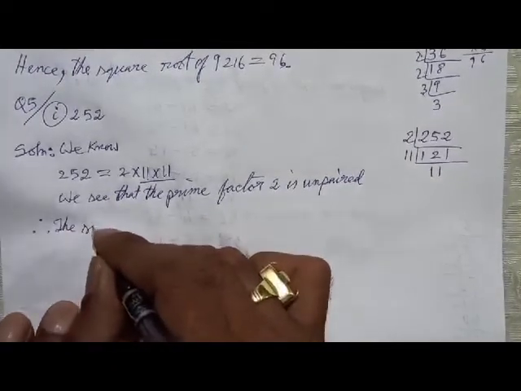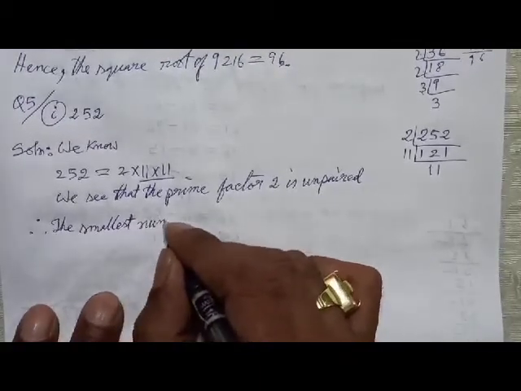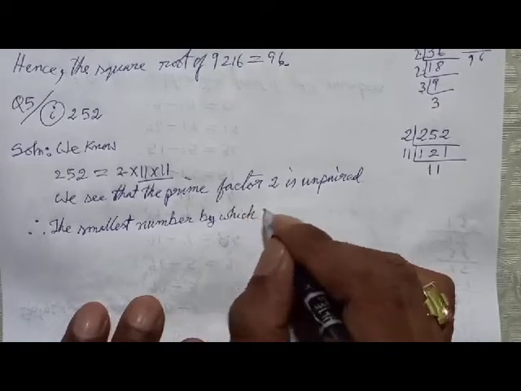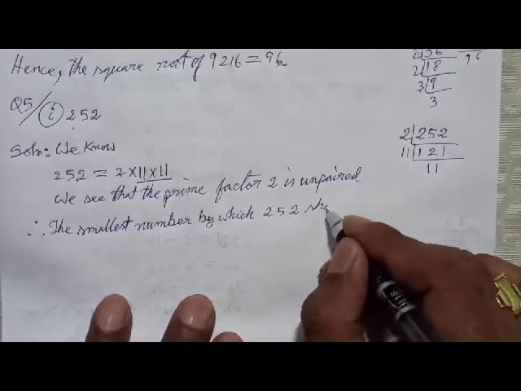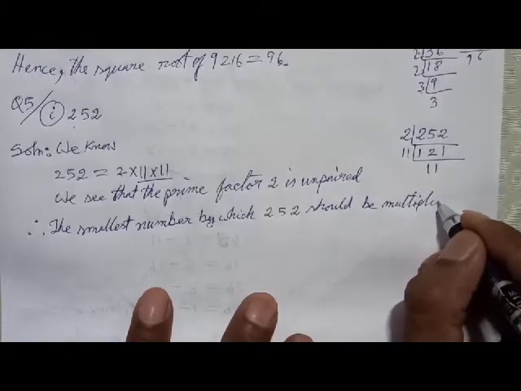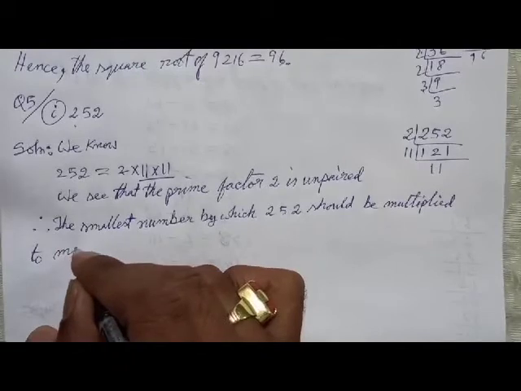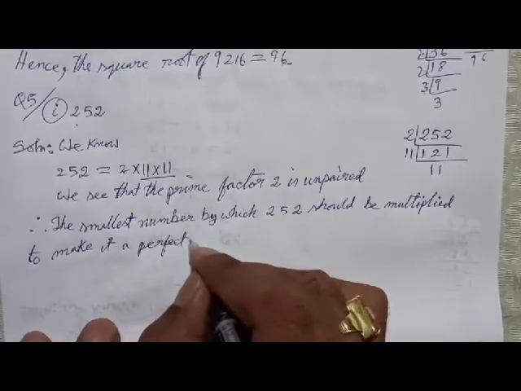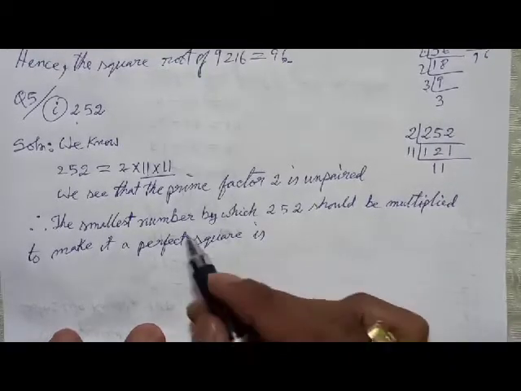Therefore, the smallest number by which this number 252 should be multiplied to make it a perfect square is this number 2.